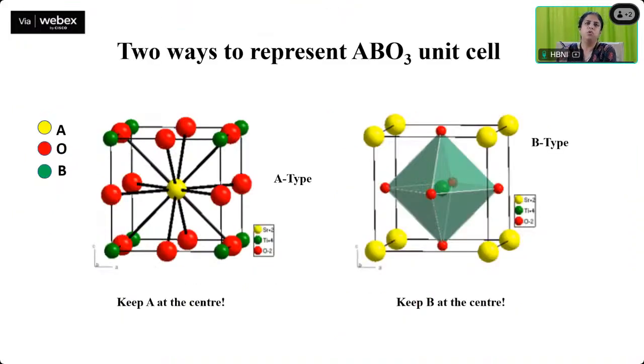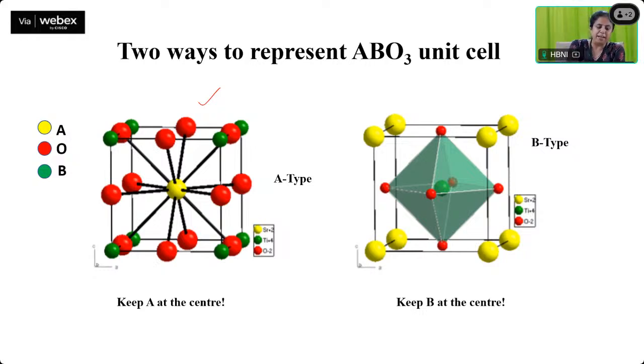Okay, first let us see how to represent a typical ABO3 cell. There are two ways. Generally, it is represented by A type. Why do we call it A type? Easy to remember, when I'm putting A at the body center. When I say that you have two types of unit cell, that doesn't mean you have two types of unit cell. Let's be very, very clear about it. That means there are two ways by which you can represent your unit cell.